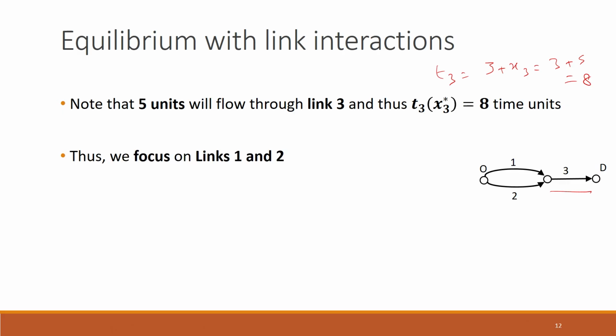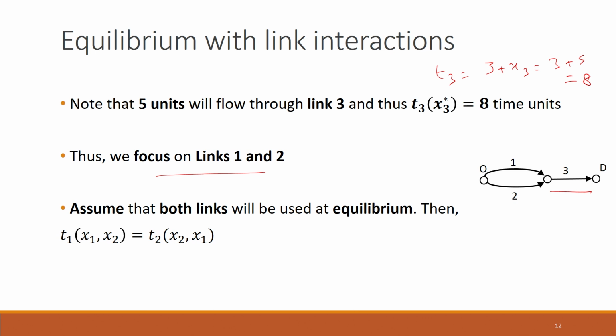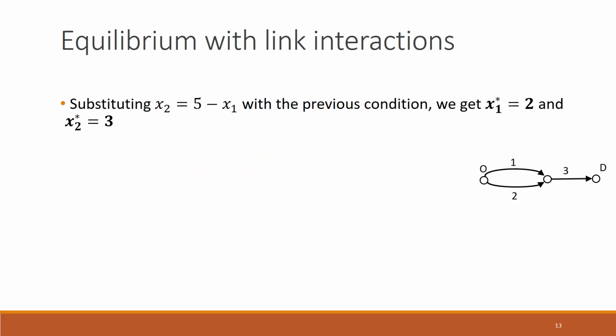So, let us now focus on links 1 and 2 here. Now, let us assume that both the links are used at the equilibrium, that is the travel time on link 1 is equal to the travel time on link 2. Okay. If we use that equation and also the fact that x2 is equal to 5 minus x1, this is the solution we get.